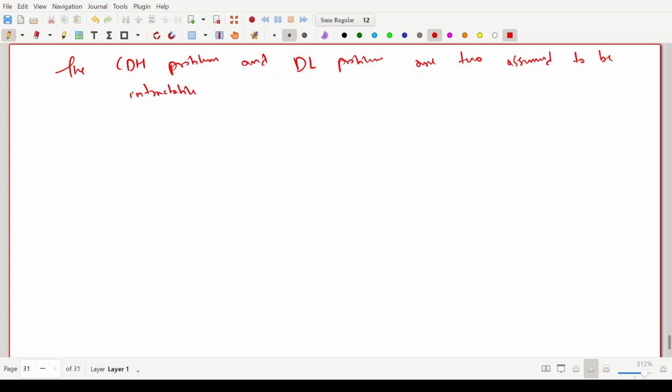By intractable we mean that you cannot get a polynomial time complexity to solve that.